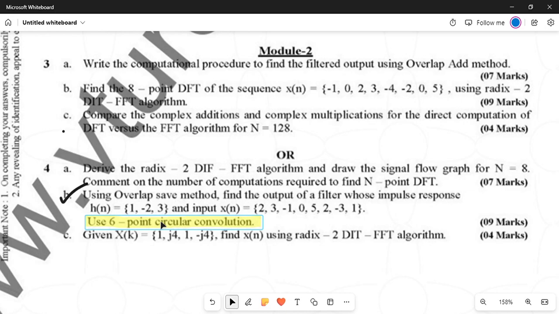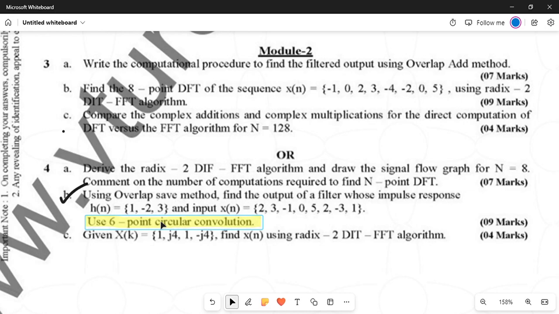If it gives you 6-point circular convolution, then you're supposed to know that it is N, and you're supposed to use N is equal to 6 itself. He'll give you questions stating use 5-point circular convolution, use 6-point circular convolution, and use 8-point circular convolution. You're supposed to do according to that.